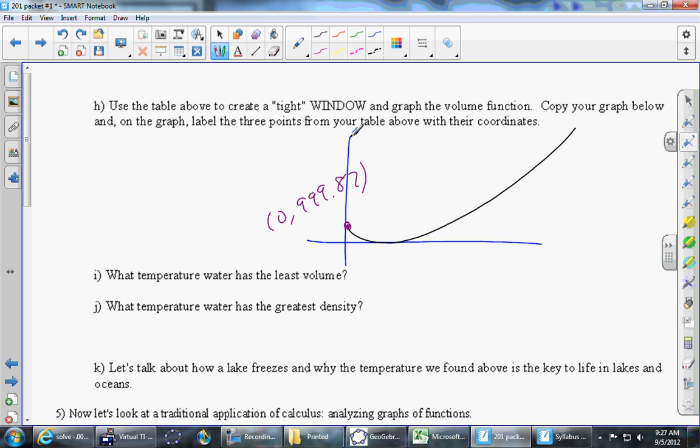And then the bottom one here. I guess I shouldn't have drawn that horizontal. It's not the x-axis there. That's just the bottom of our window. And what were the coordinates of this guy? This was the 0.966. And then what was the temperature? The volume was.